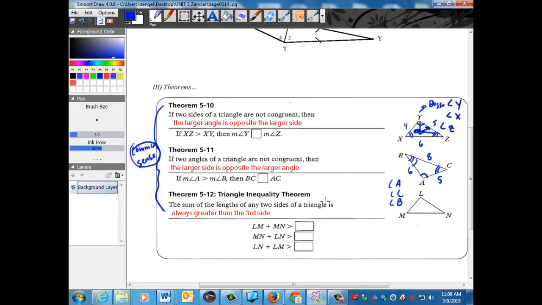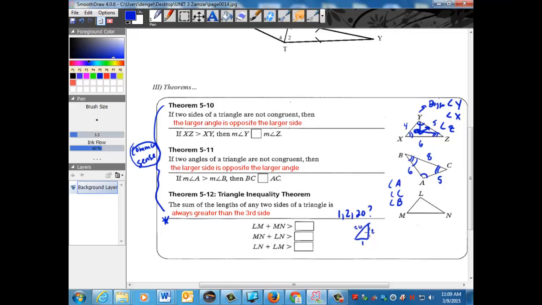Alright, and then this is a very important theorem. We'll use this a lot. The sum of the lengths of any two sides of a triangle is always greater than the third side. So if we had a triangle like 1, 2, and 20, will this triangle exist? Well, again, let's use common sense. If we have side 1 and we have side 2, is there a way that this side length could add up and be 20?